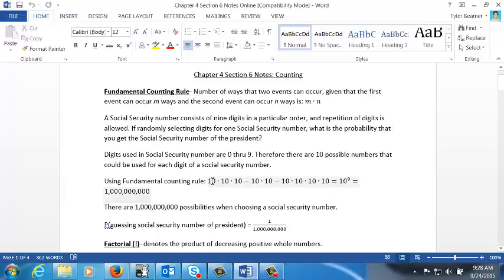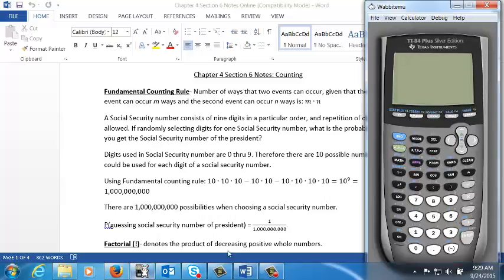You've got 10 possible digits for each digit in a Social Security number, the digits 0 through 9, and then you have 9 digits in a Social Security number, so you've got 10 choices for each digit placement, so that would be 10 to the 9th power. Your calculator will do exponents, 10 to the 9th, and there we go. Okay, so that's one use of the graphing calculator with this section.